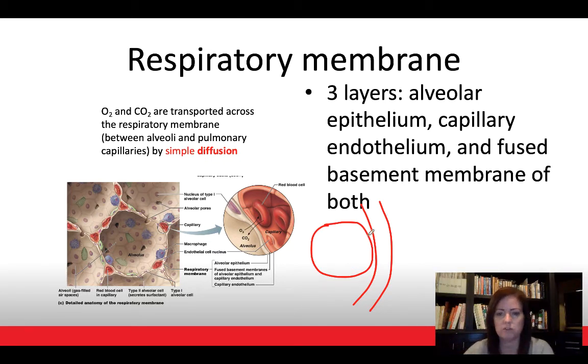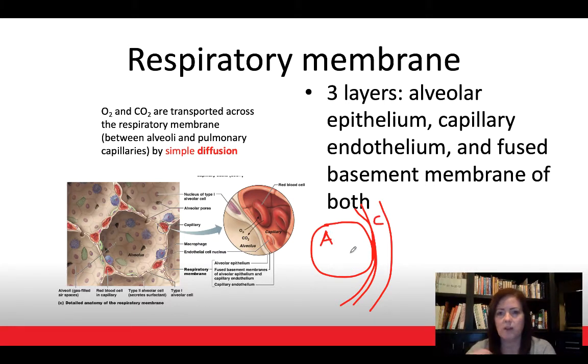So we've got two structures here, both with very, very thin walls, and we end up with a basement membrane in between. We can add another line in there too. This is their fused basement membrane, which basically joins both of those structures together. This is how diffusion occurs, because we've got a very thin wall of the alveoli here, and this is the capillary here.